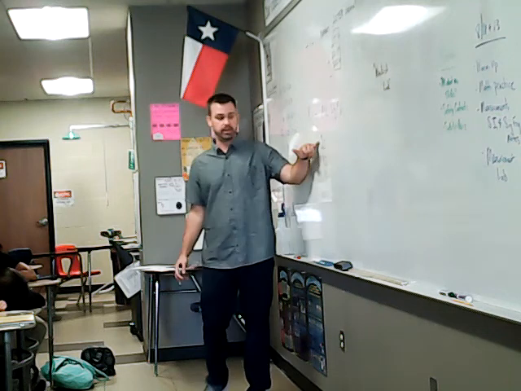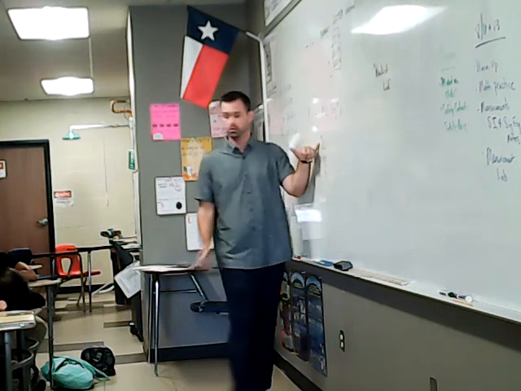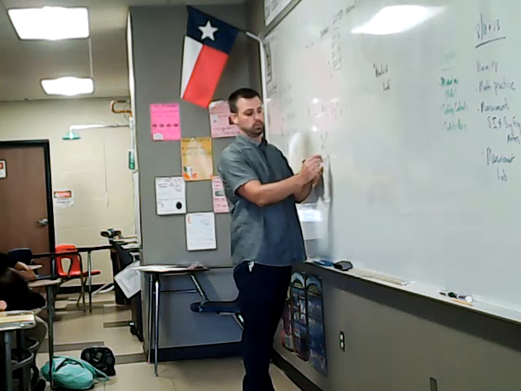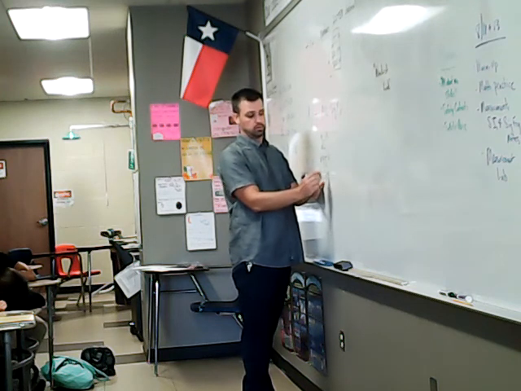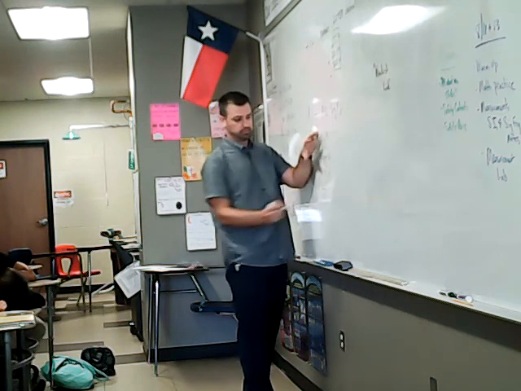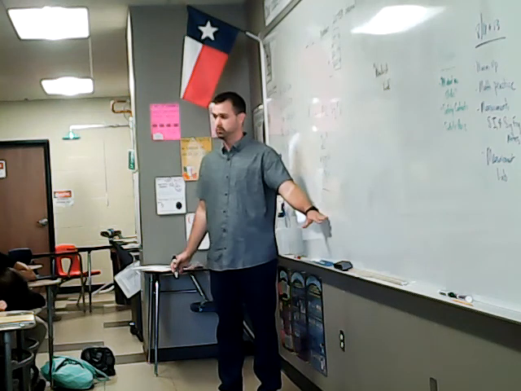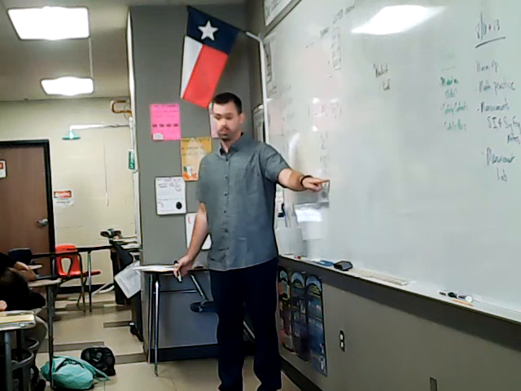So this measurement has how many total sig figs? This measurement has how many total? 2. This one has what? 1. So when I do this answer, how many sig figs can I report? 1. Weakest link? 1.